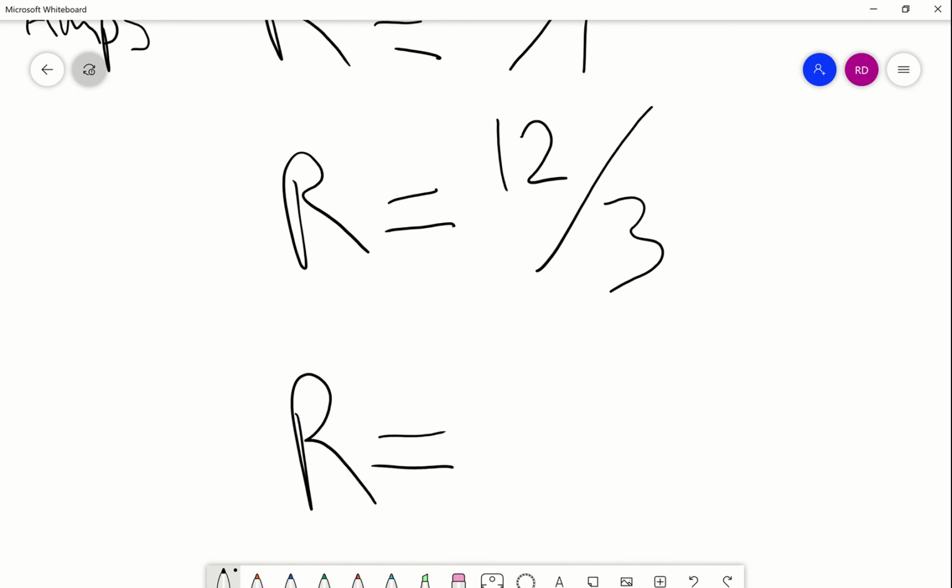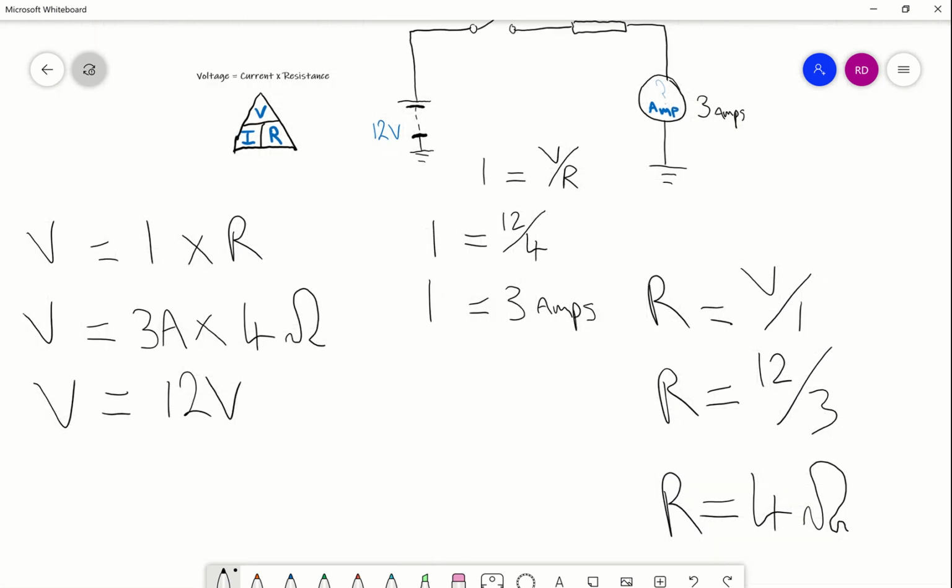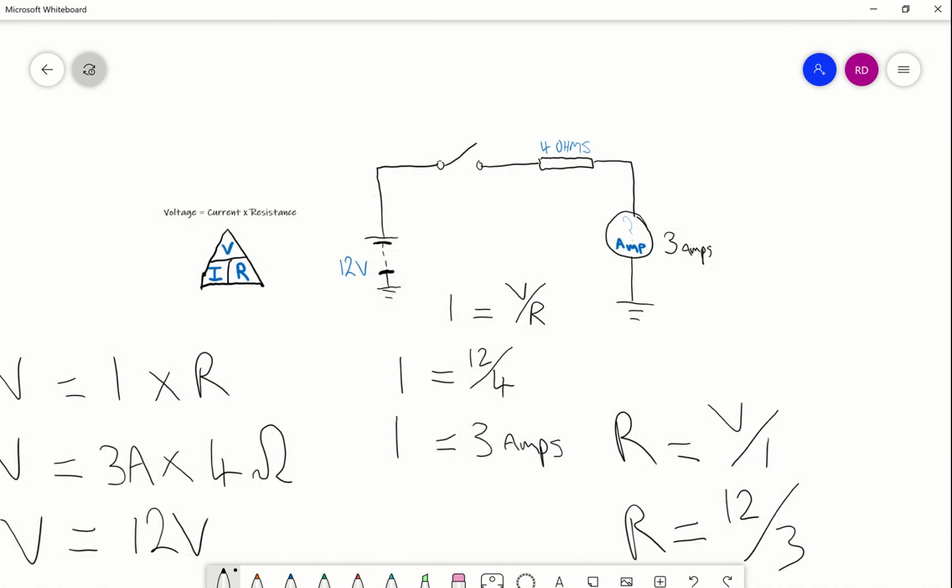R equals 4 ohms. Okay, so those were 3 calculations there, and I was able to find the voltage, the current, and the resistance of this very poorly drawn circuit.